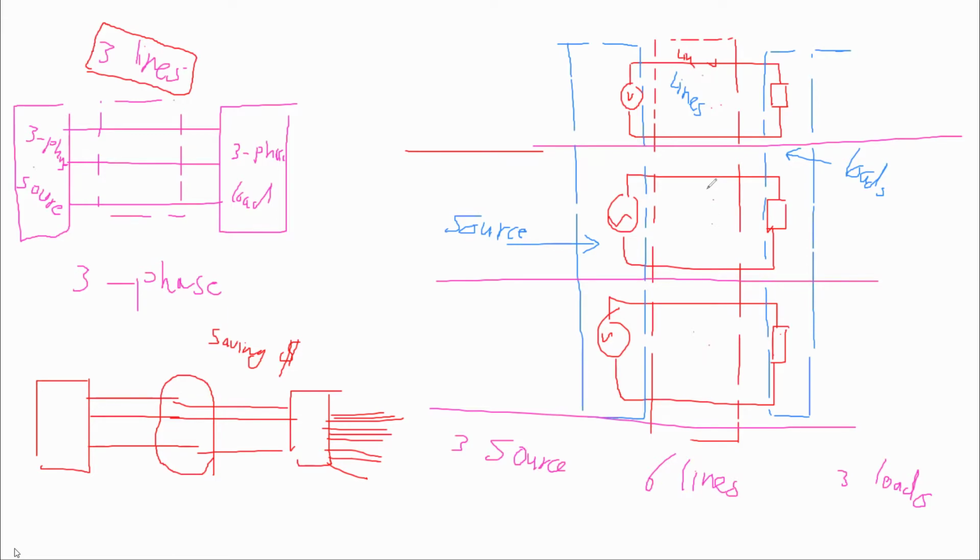And if I use 3 wires to do the same as those 6 wires, basically even the current will be less, so efficiency is going to be higher. Anyhow, the 3-phase system is better than the single-phase system.